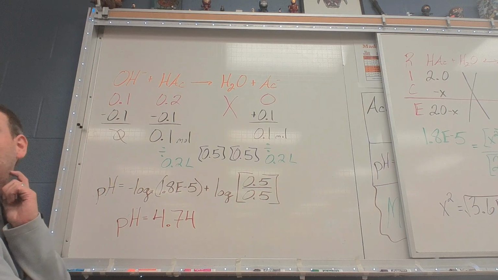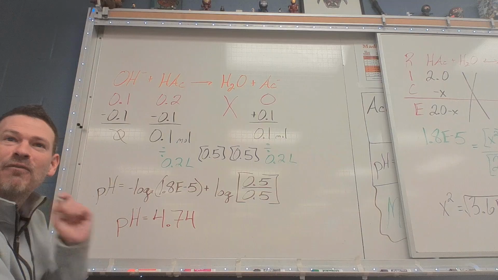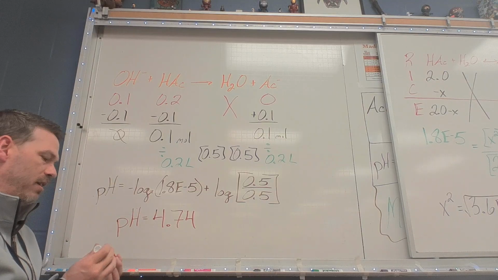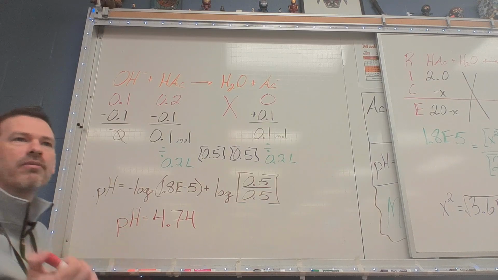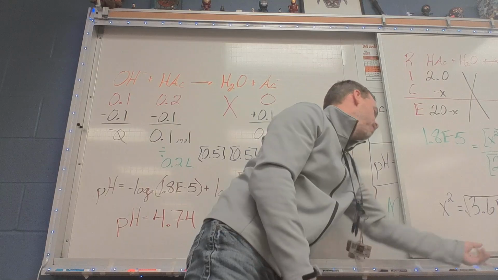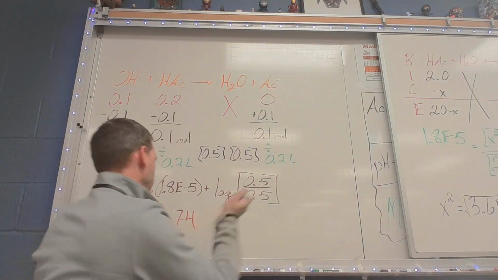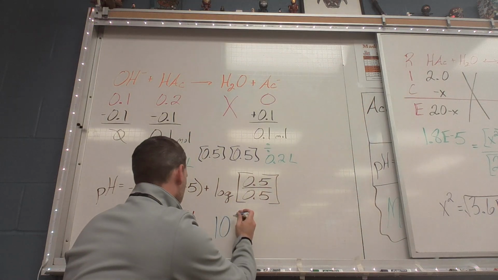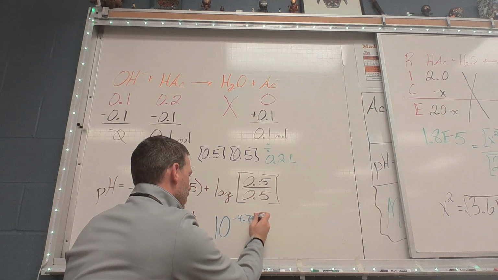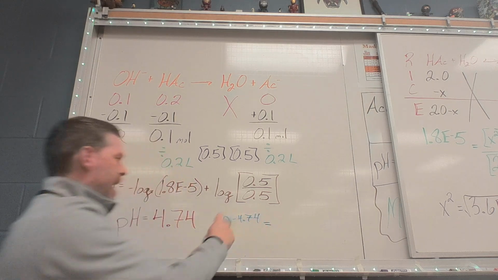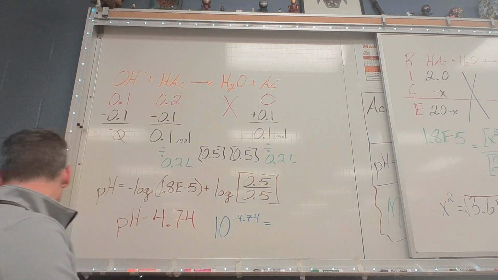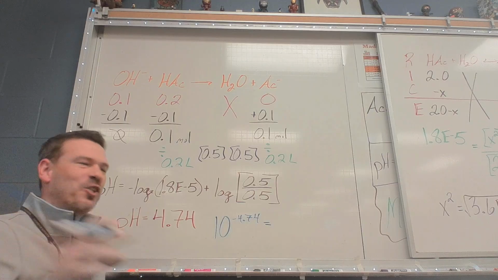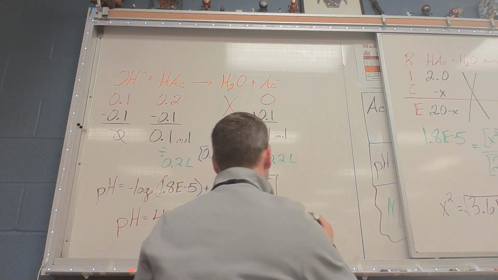Such an easy fix, though. What do you do? Just 10 to the negative pH solves your problem. 10 to the negative 4.74 gives you a coincidental answer of 1.8 e negative 5.